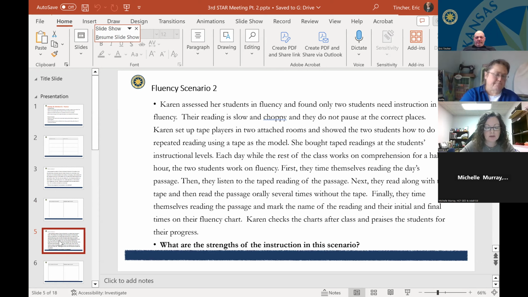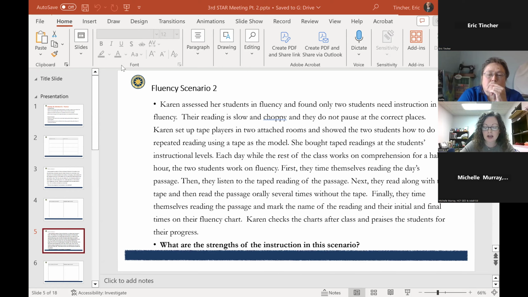First, they time themselves reading the day's passage. Then they listen to the taped reading of the passage. Next, they read along with the tape and then read the passage orally several times without the tape. Finally, they time themselves reading the passage and mark the time of the reading and their initial and final times on their fluency chart. Karen checks the charts after class and praises the students for their progress.